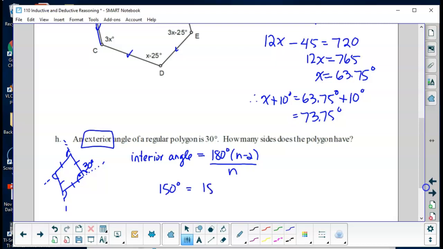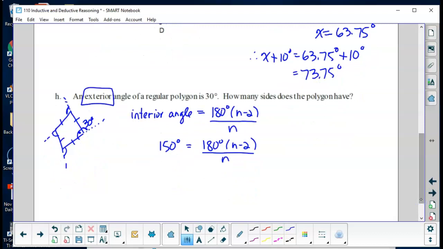So 150 equals 180 times n minus 2 over n, and then it's an algebraic equation. Multiply through by n, and again, if you want to drop the degree symbol right now, you can. Bring that over, that's going to be 360 equals 30n, so n equals 12. The degrees would divide out, n is the number of sides, so therefore 12 sides.